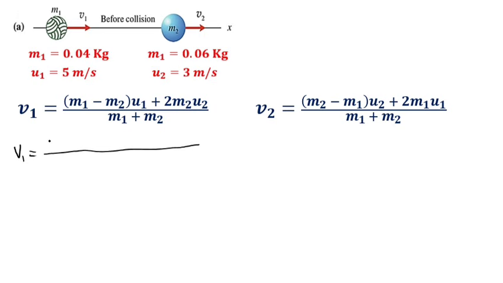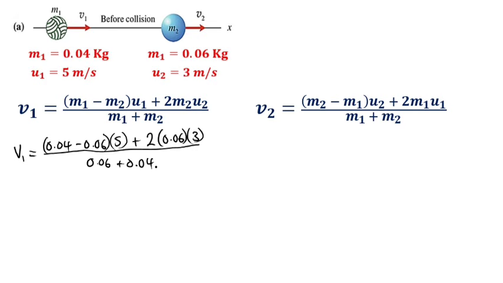let's just do this. Mass 1 is 0.04 minus 0.06, multiplied by U1, which is 5, plus 2 times mass 2, 0.06, times initial velocity U2, which is 3, divided by the sum of the masses. So the sum of the masses, we have 0.06 plus 0.04.